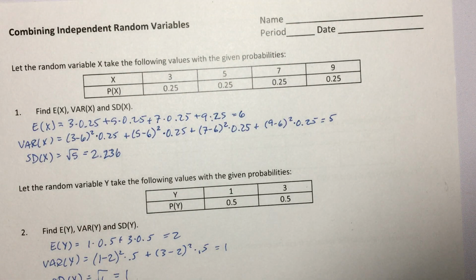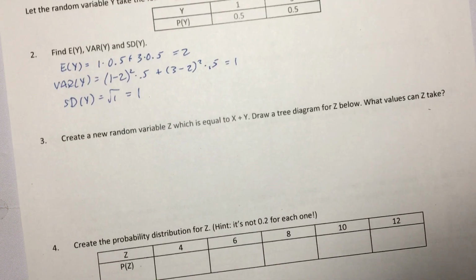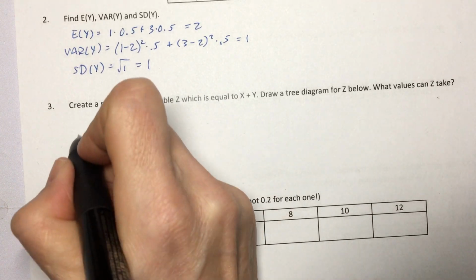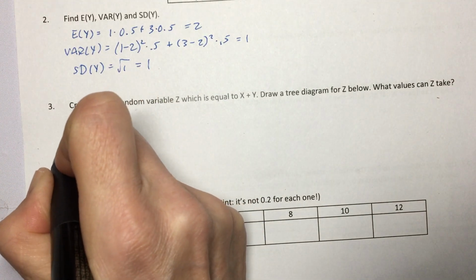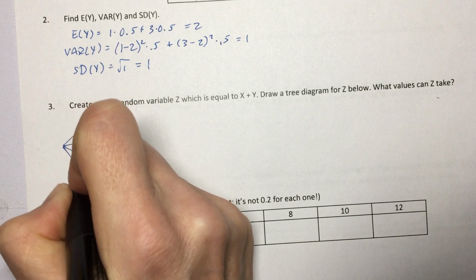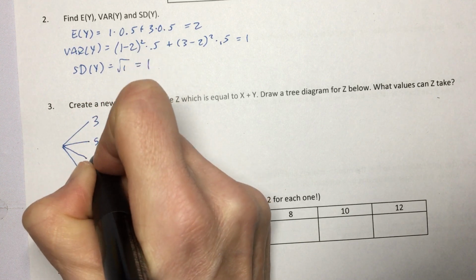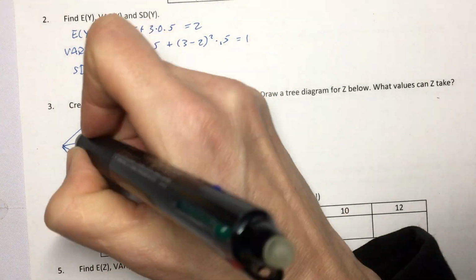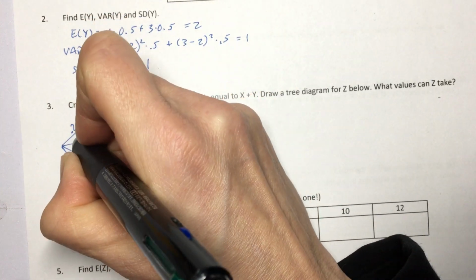And what's the probability and what values can we have? So the way to do this will be to make a tree. Our first part of the tree has 4 branches with the 3, 5, 7, and 9, and we have a probability of 0.25 on each of those.